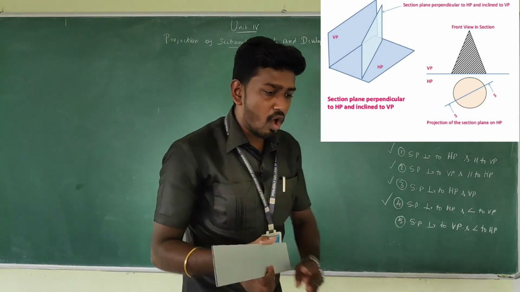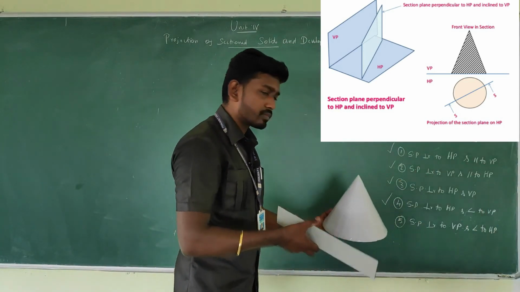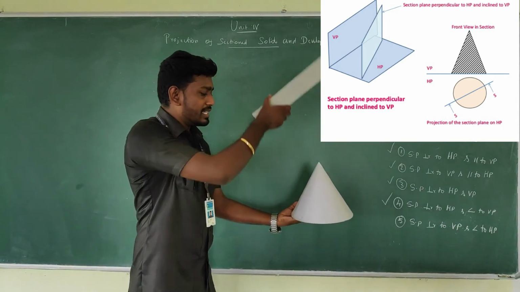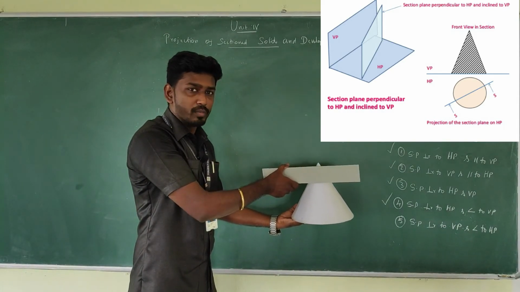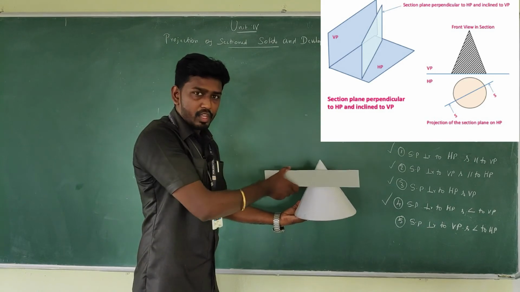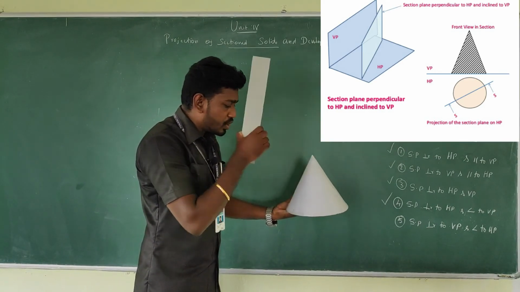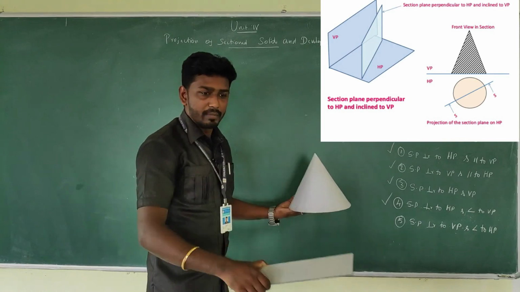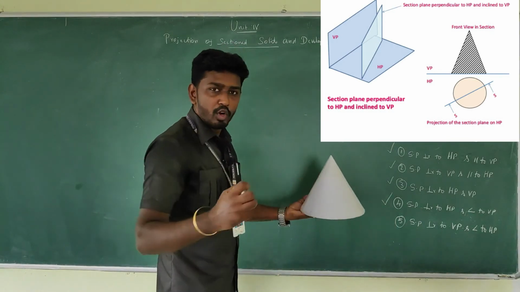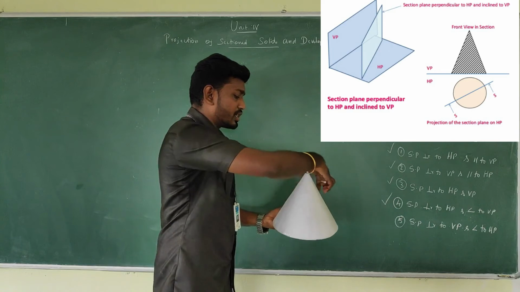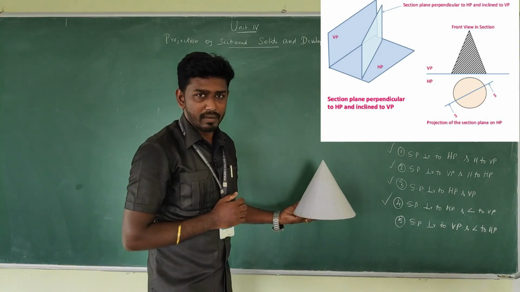So if I take the object, a cone, it cuts the object in this manner, so that the portion between the cutting plane and the observer is the removed portion. So this portion will be the removed portion and this portion will be the remaining portion.